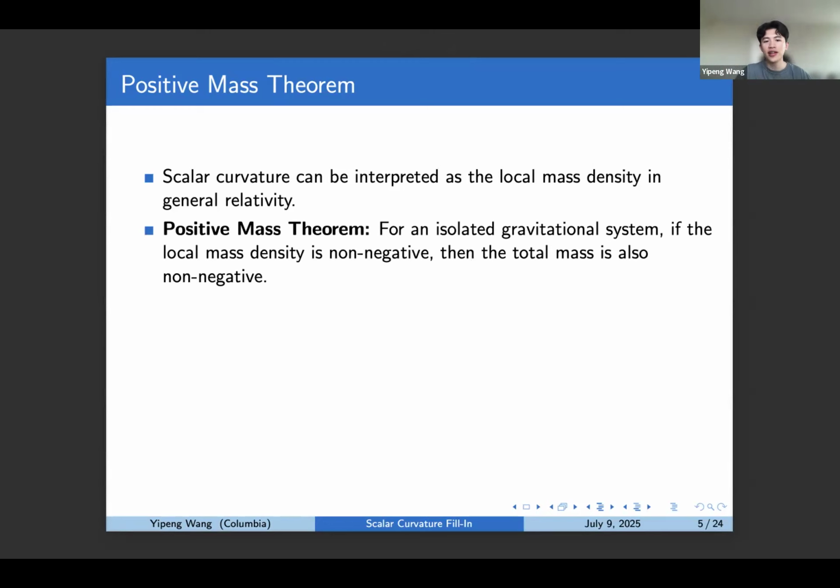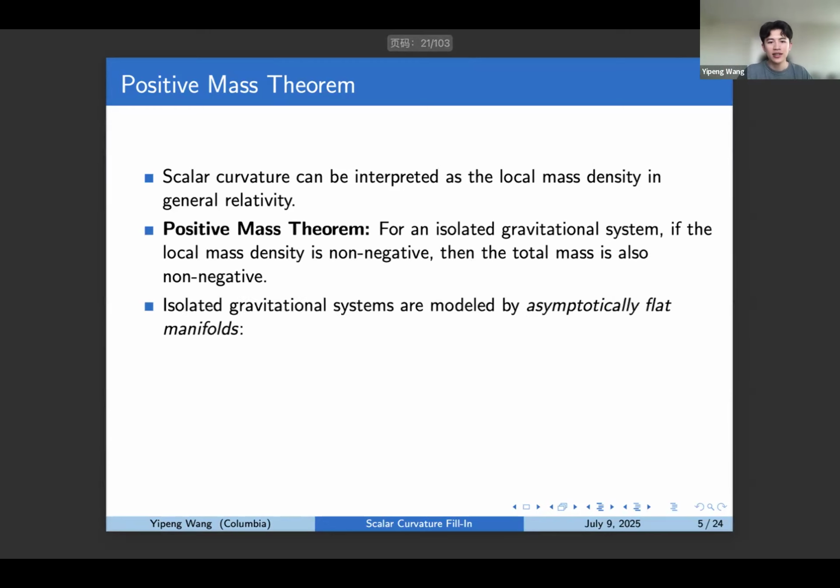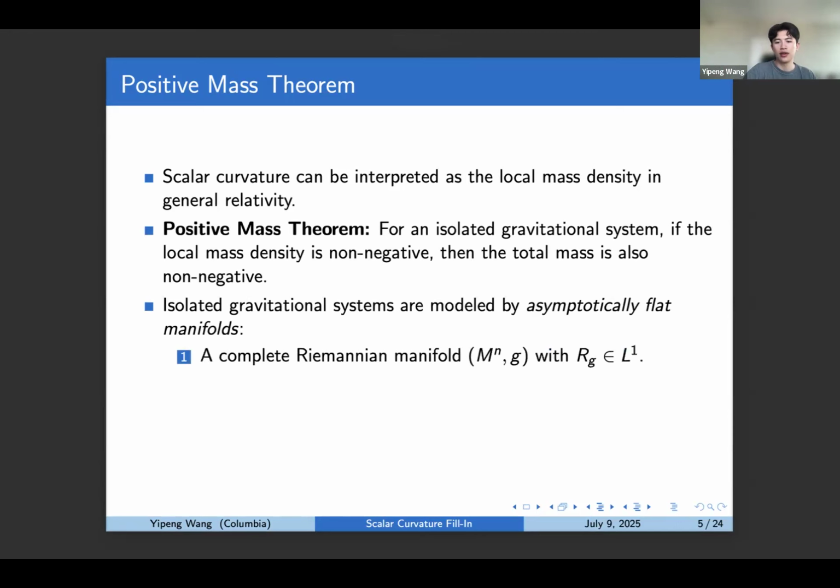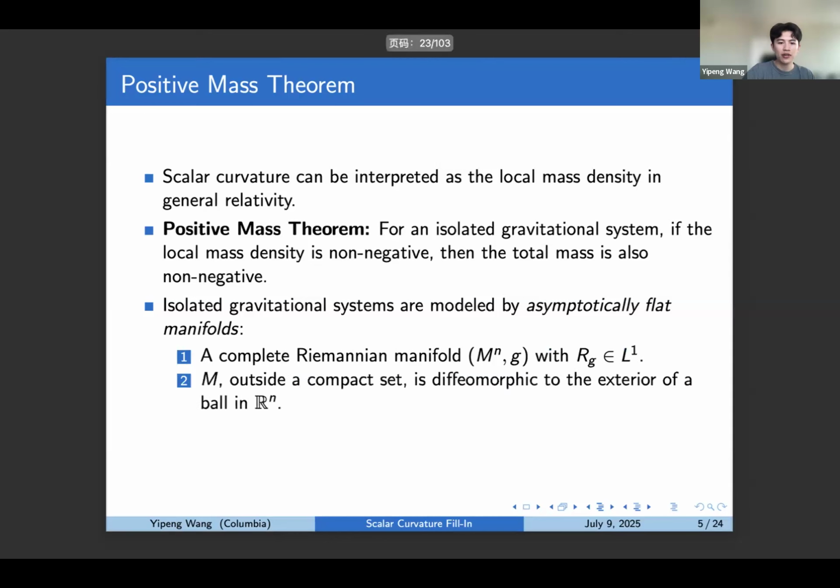If I translate it into mathematical statements, isolated gravitational systems are sometimes modeled by asymptotically flat manifolds. In particular, it's a complete Riemannian manifold where the integral of the scalar curvature is bounded, and outside a compact set, you can model it on the exterior of a ball in Euclidean space, and then you have a given asymptotic expansion of your metric.